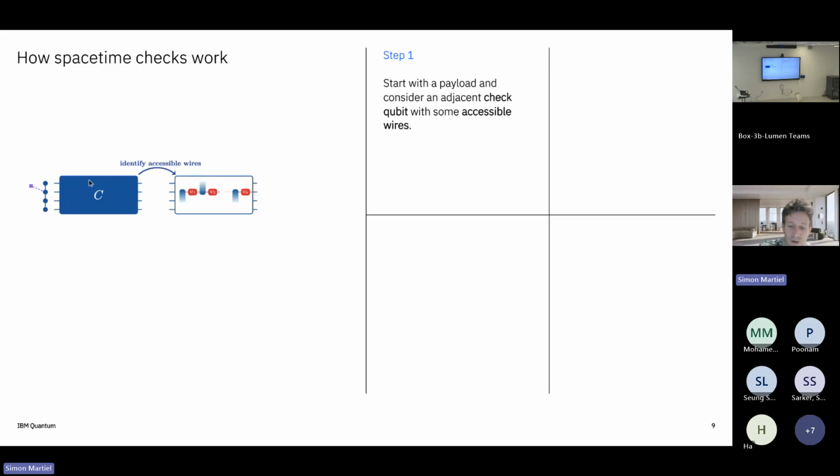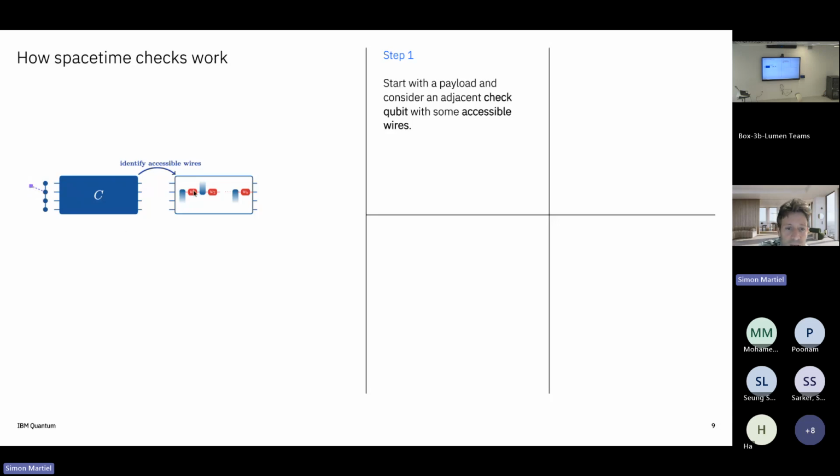So it's already transpiled, and we can already run the circuit on the hardware. Since we assume that we are not using the full qubit chip, we can find some adjacent ancilla, which is this purple qubit here, that's connected to some data qubit.